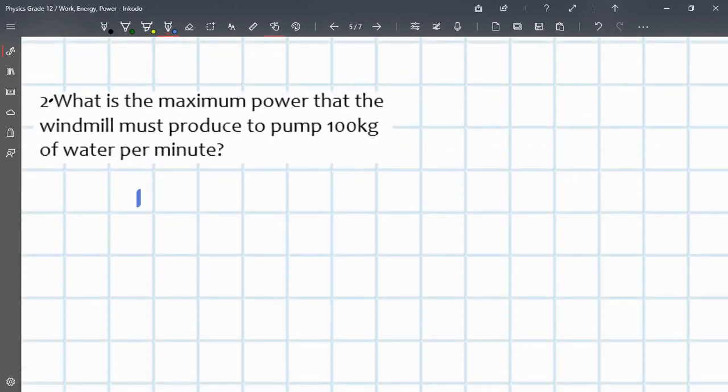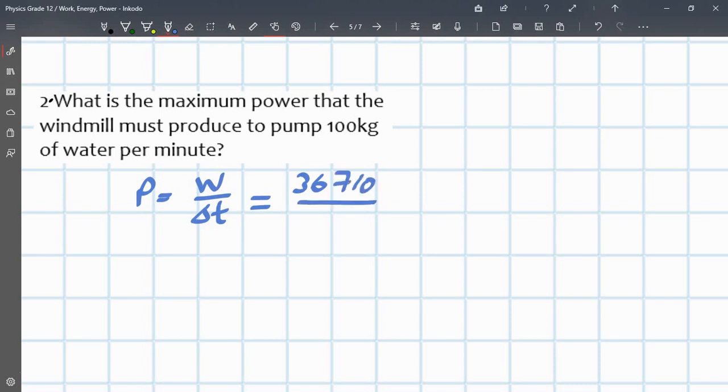Okay, what is power? Power is just the rate at which work is done. So we just calculated the amount of work done, which we calculated to be 36,710.